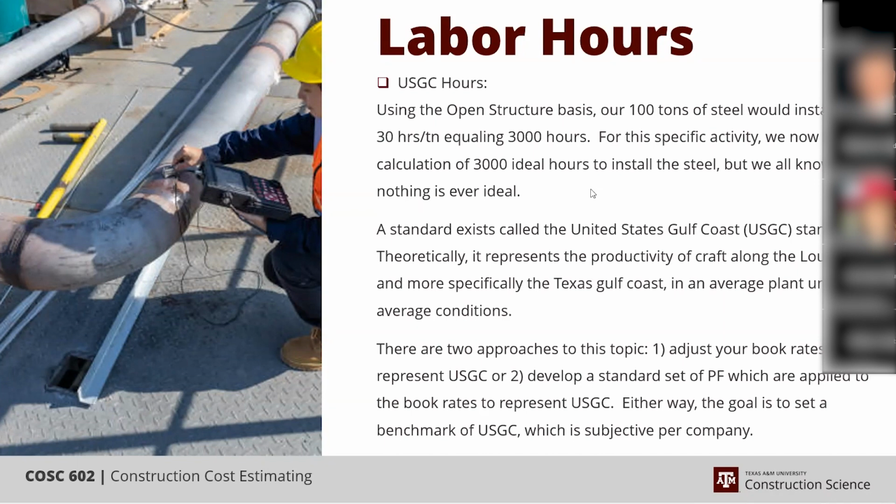And if medium is 30 hours per ton, then you'd have another 8 tons at 30 hours that you'd add on top of your 3,000 hours. So you'd end up having, what is that, 3,240 hours total to install that steel.